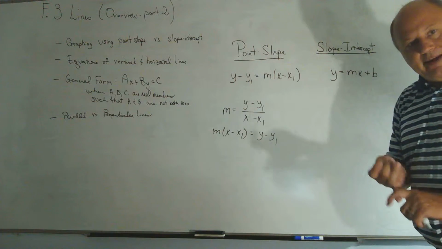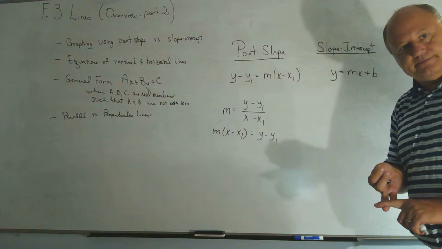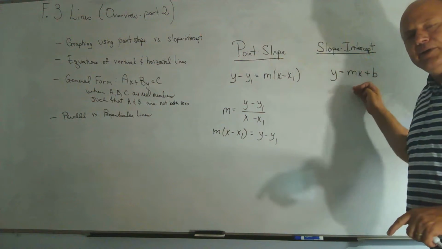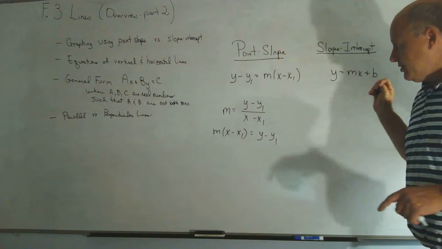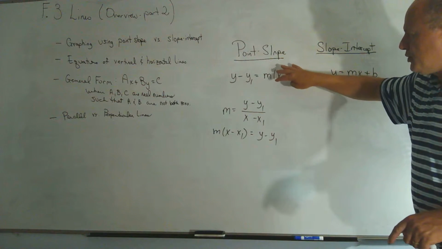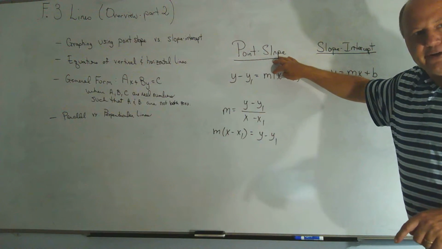And then you already have the m, and now you'll have the b. Again, we'll be doing some problems like this in some following videos, and I'll show you what that connection is. But you're going to note that point slope is not really your friend.